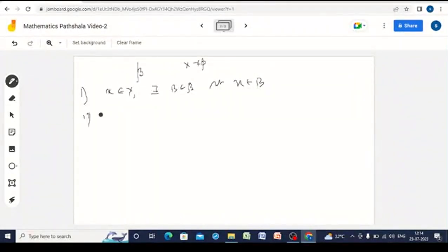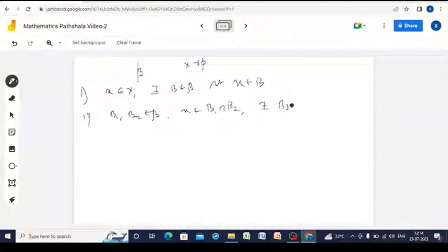number 2, if we take two elements b1, b2 belonging to script B with x belonging to b1 intersection b2, then there exists another element b3 belonging to script B such that x belongs to b3, which is a subset of b1 intersection b2.